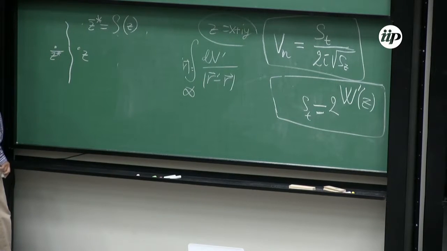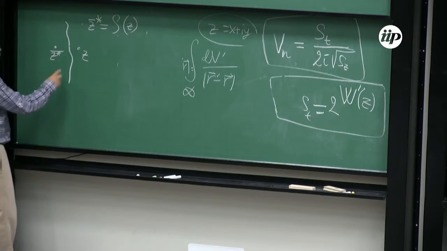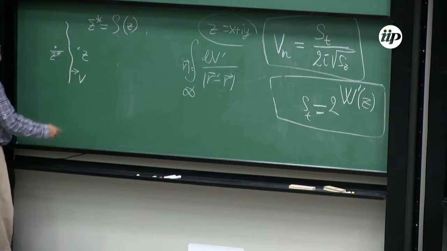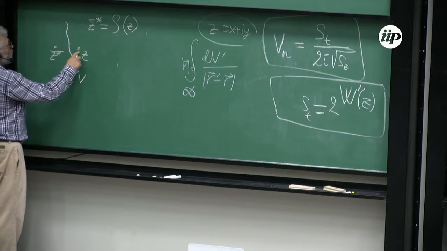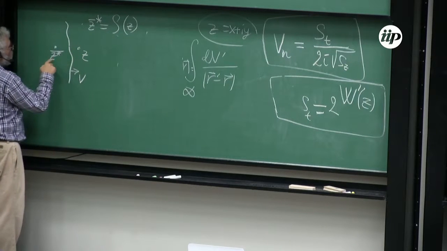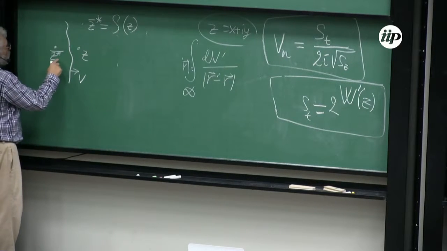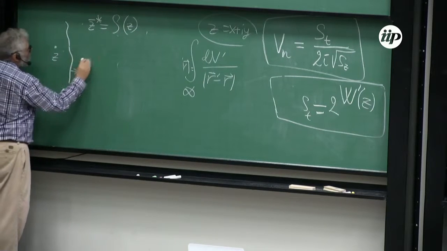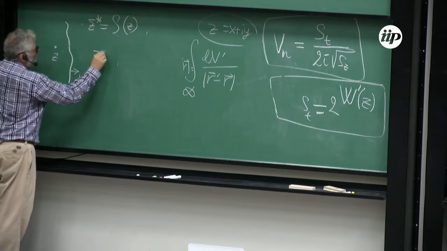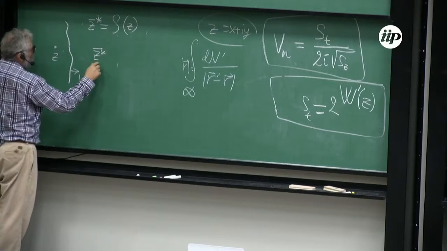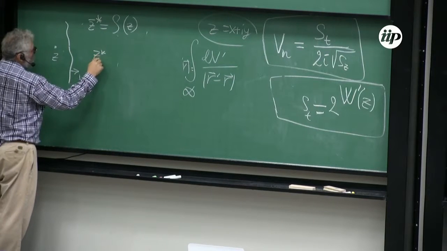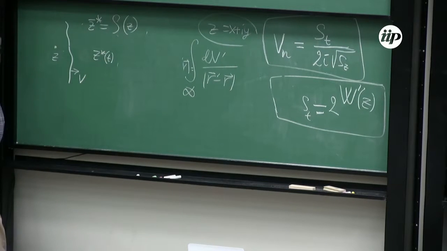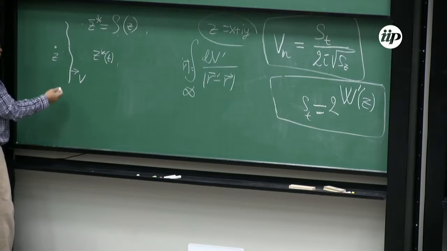And this should hold. Therefore, if my boundary moves with the velocity v, this guy should move, because this guy is constant. Better do it the other way around. Put z here and put here z star bar, where z star is time dependent, because the Schwarz function itself is time dependent.